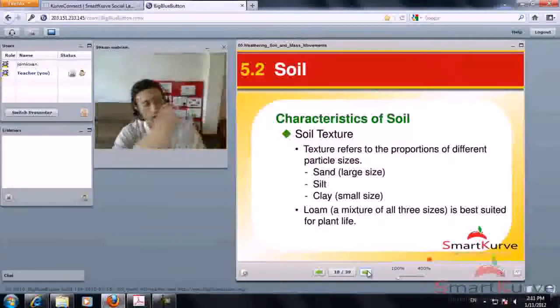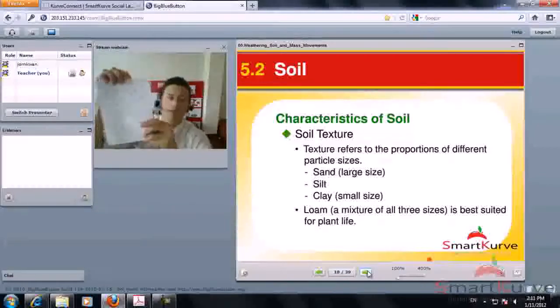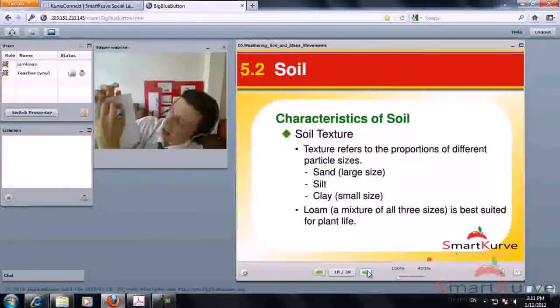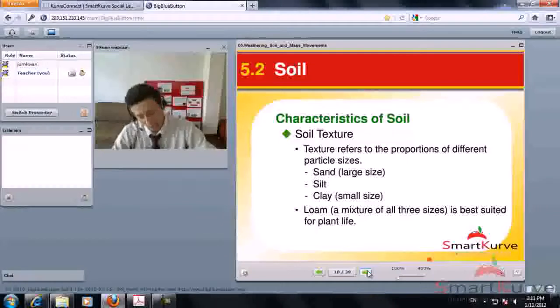So with very sandy soil, we've got air, but we'll have no water. Then let's look at the opposite, clay.